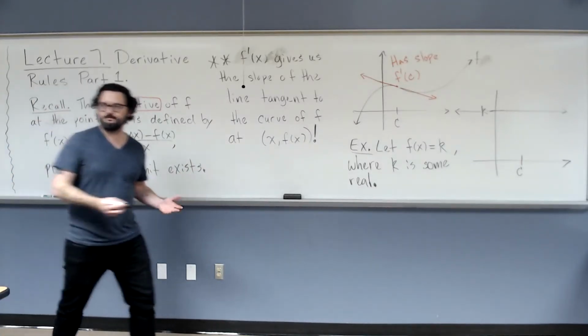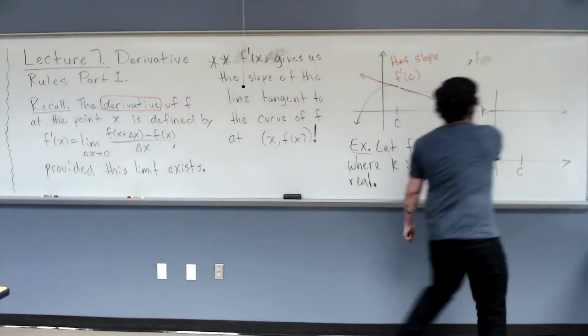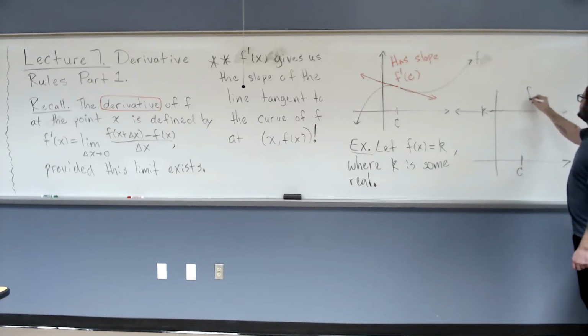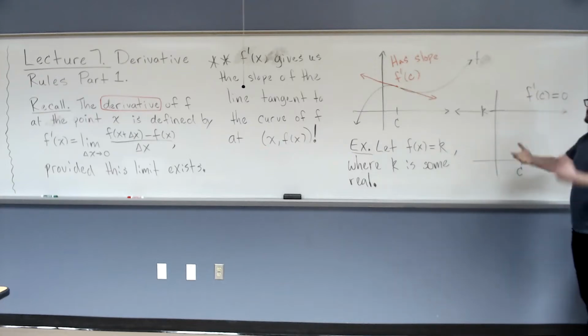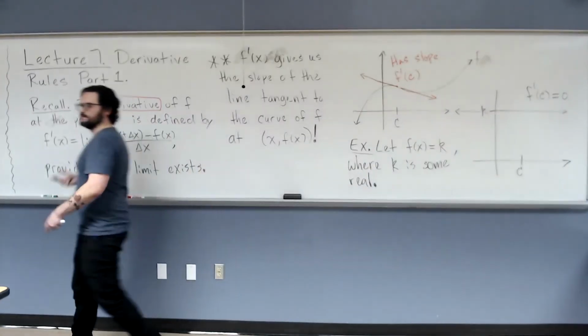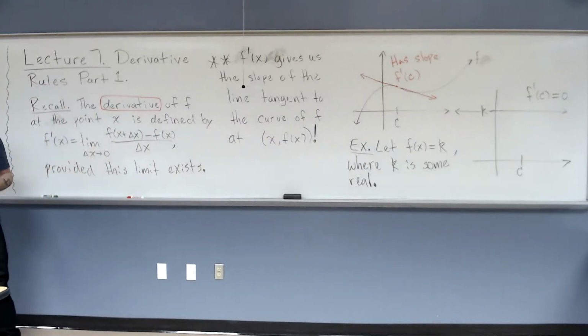It's 0, right? The slope everywhere is going to be 0, right? So we can conclude that in this case here, f prime of C is equal to 0. Just based off of understanding what the derivative is telling us, right, if it exists.